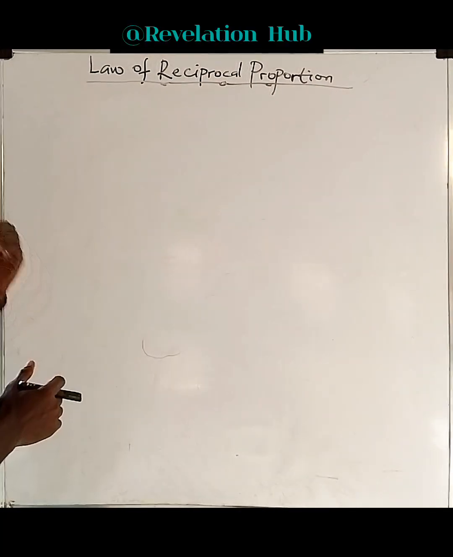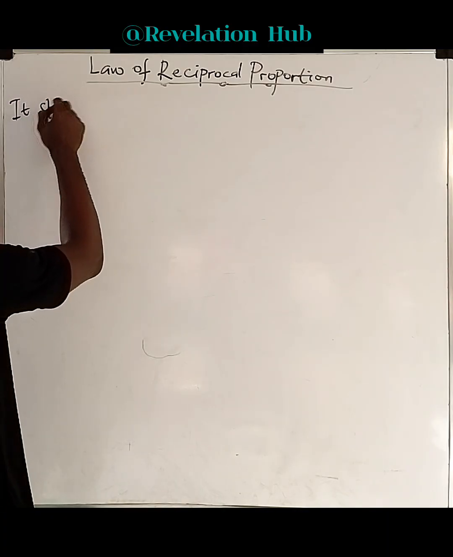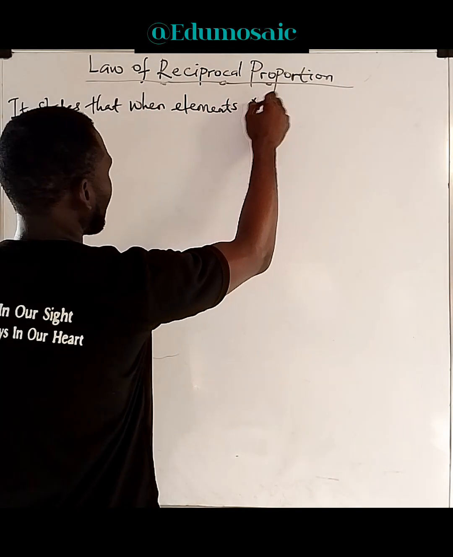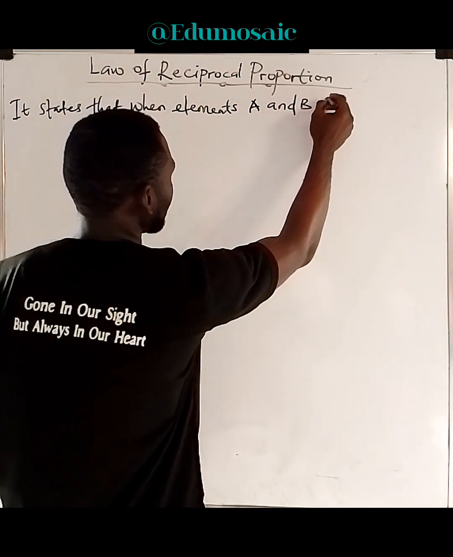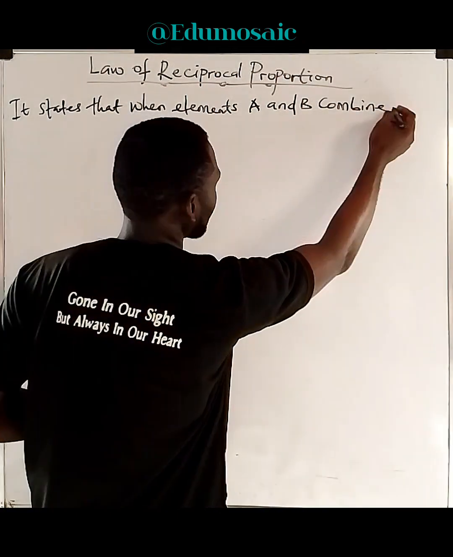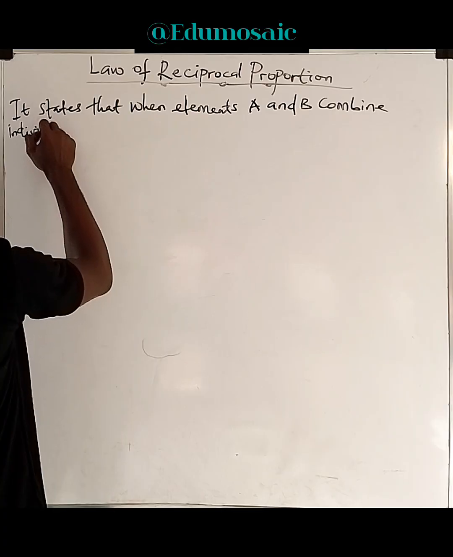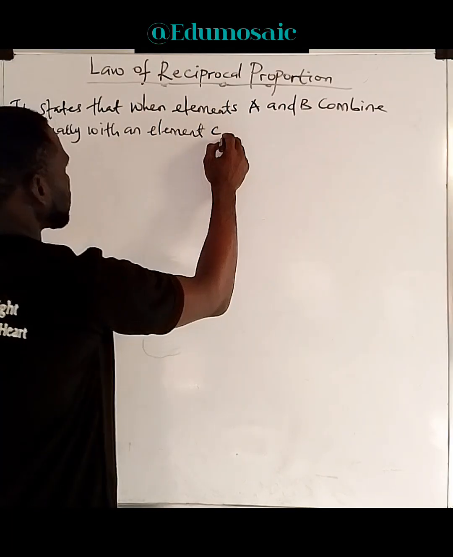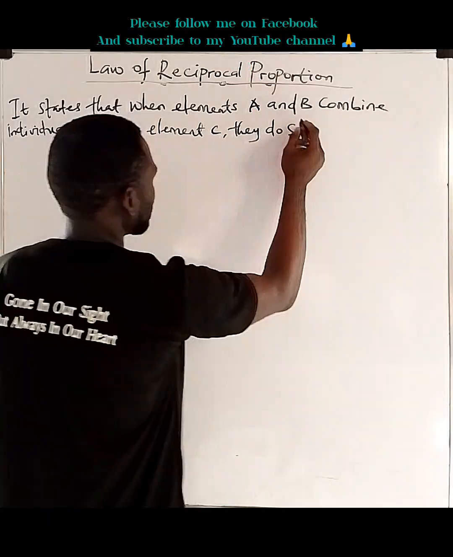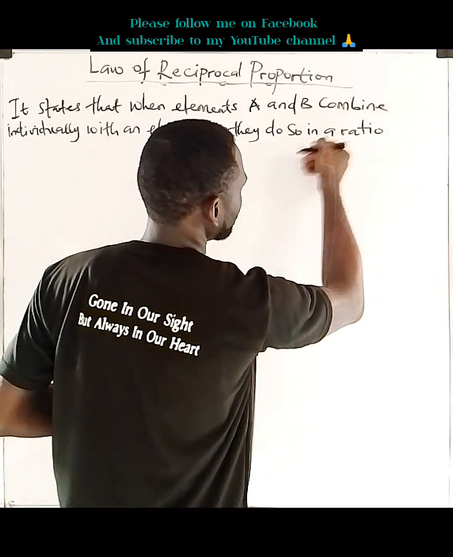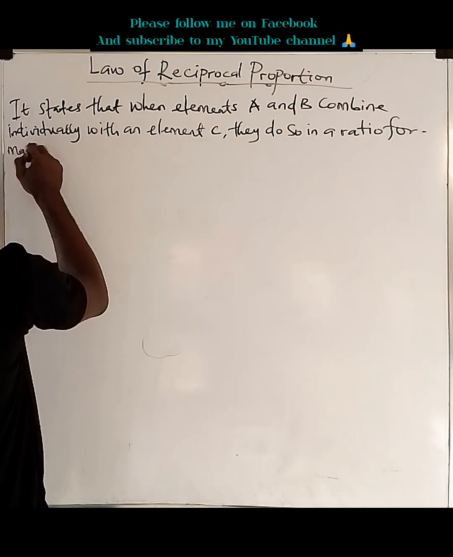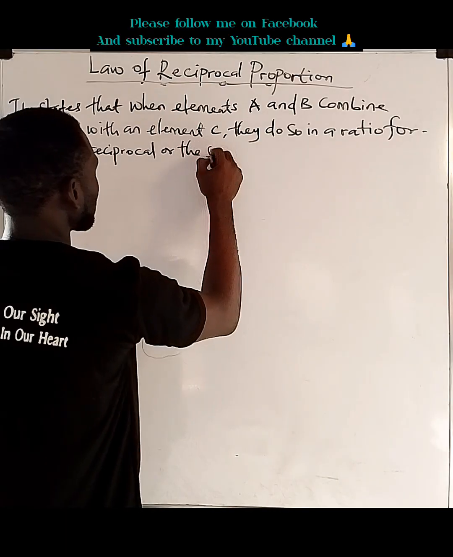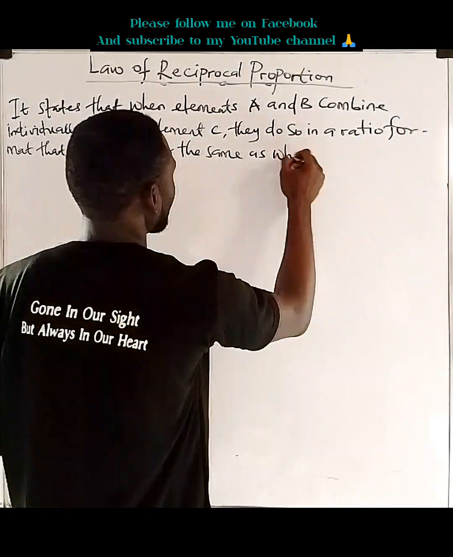So, what does this law state? The law of reciprocal proportion states that when elements A and B combine individually with an element C, they do so in a ratio that is reciprocal, or the same, as when they combine directly.